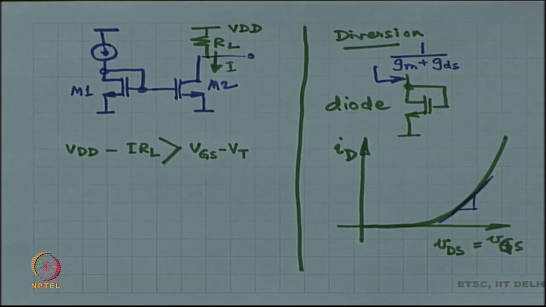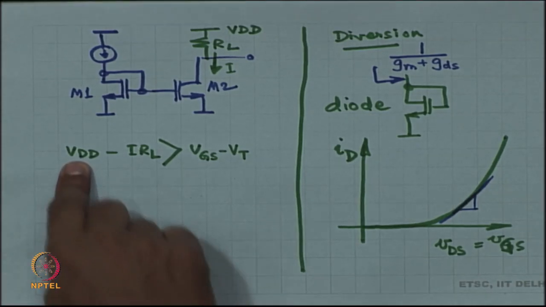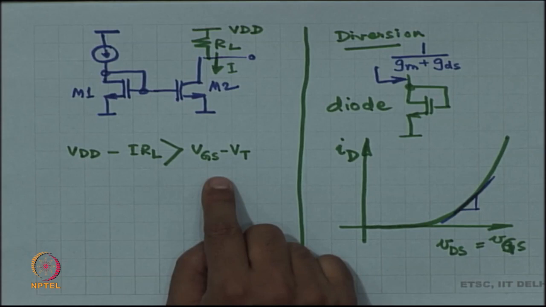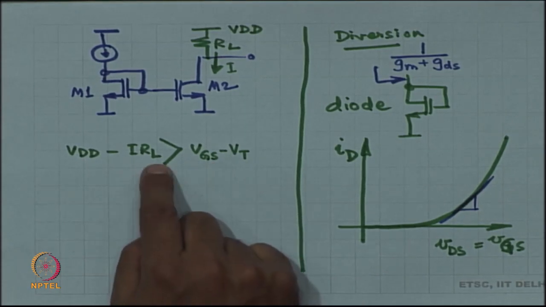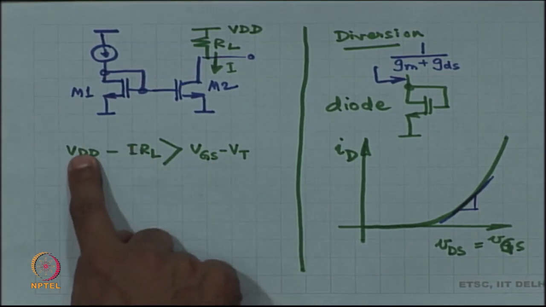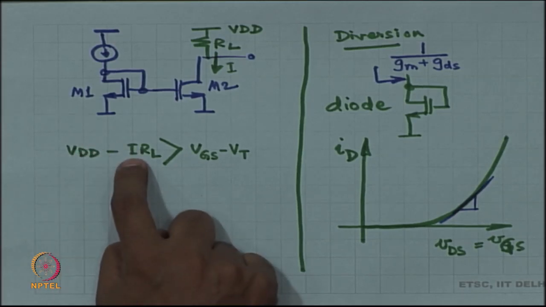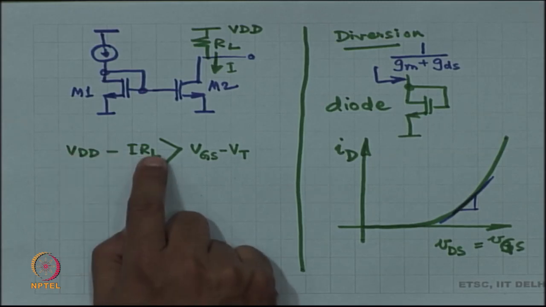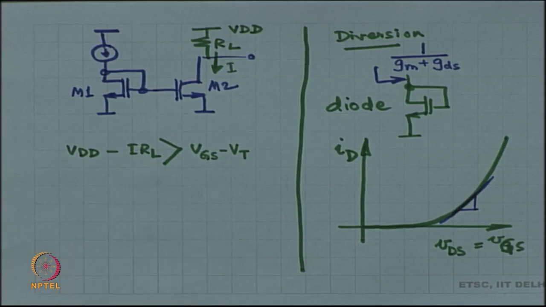Okay. Now, what this automatically means is that if VDD is large, then this range increases. I can have more RL. If VDD is fixed and RL is fixed, then I have a limited choice of the values of I. If VDD is fixed and I is fixed, then I have a limited set of values of RL for which the circuit will work as a current source.